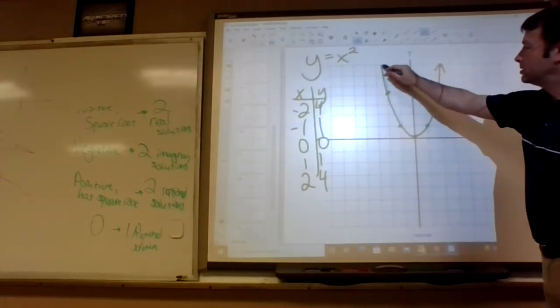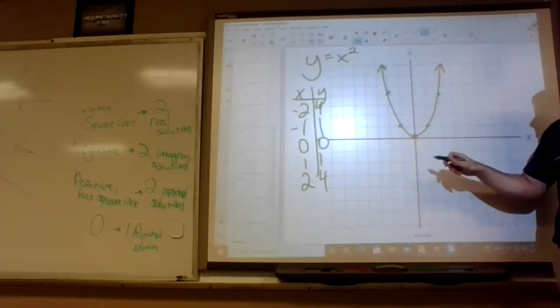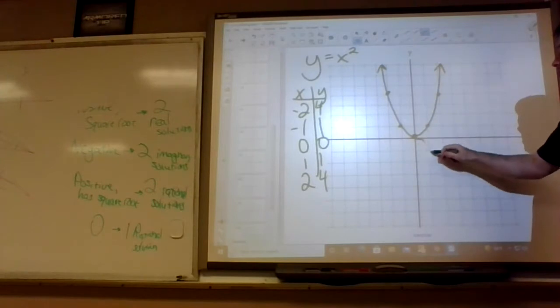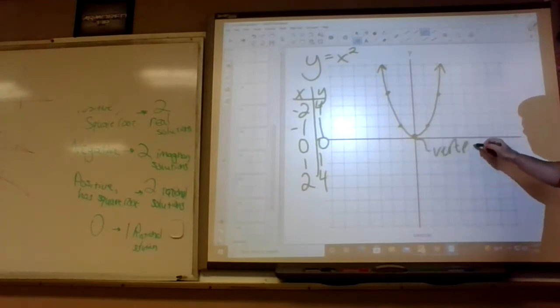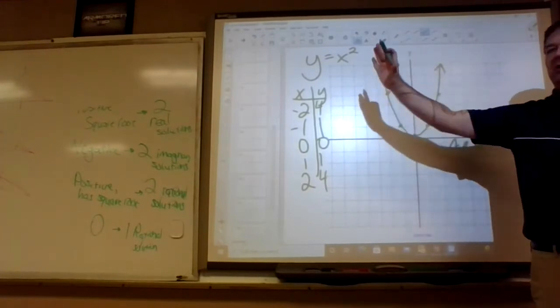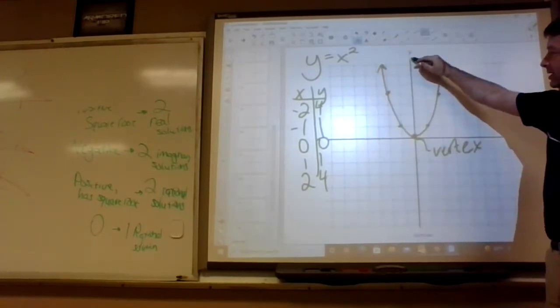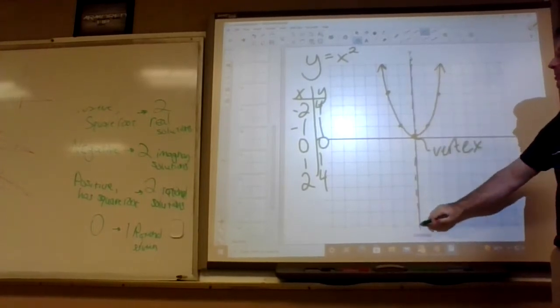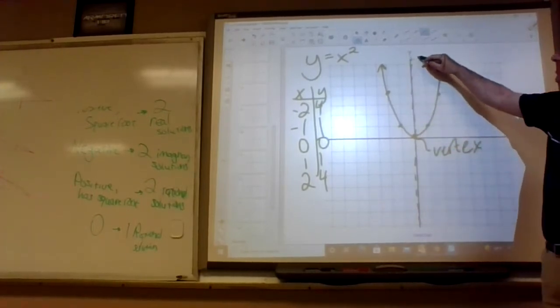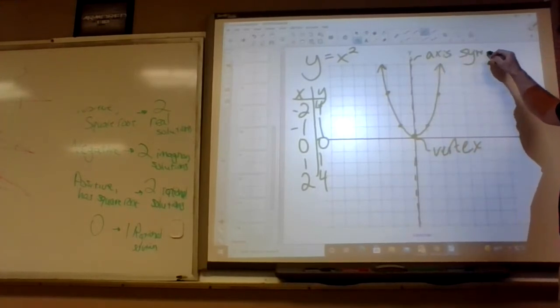Parabola. Okay. Do you know what the bottom of the parabola is called? The vertex. So notice a parabola is always symmetrical. That means it's the same on the left as it is on the right. And that line that splits it down the middle is called the axis of symmetry because it's symmetrical on both sides of it.